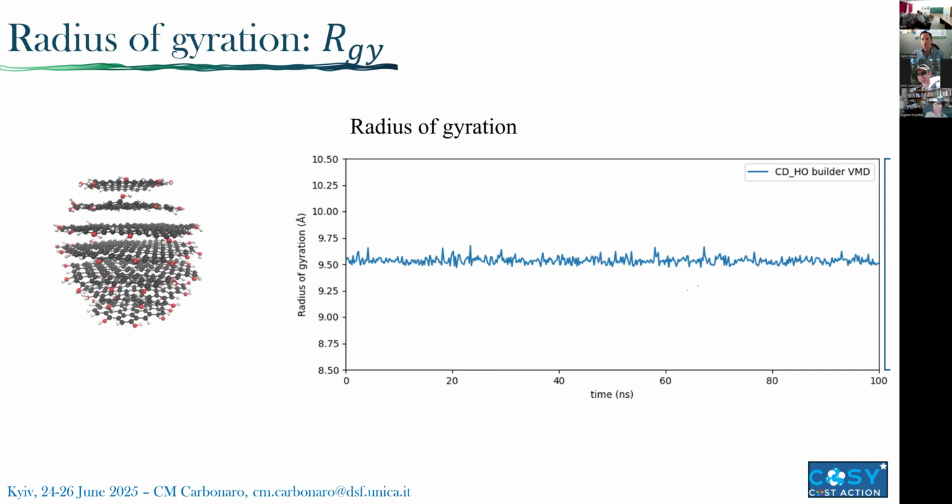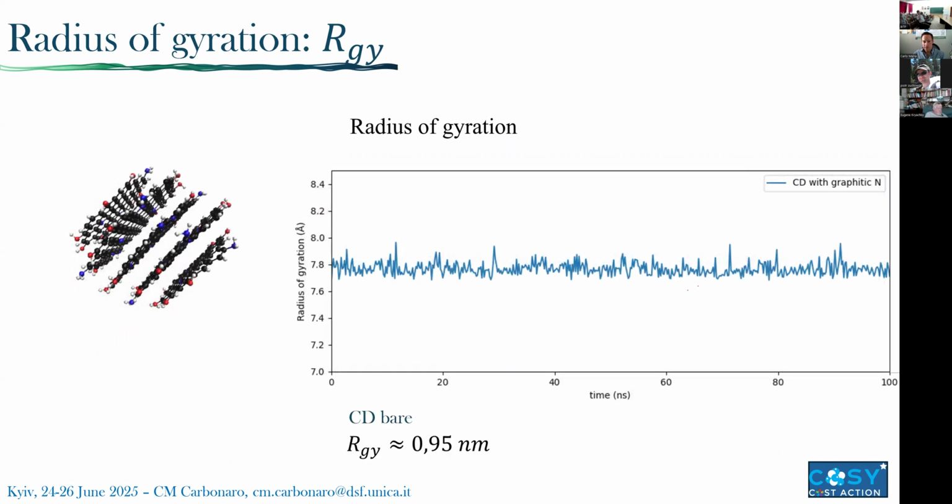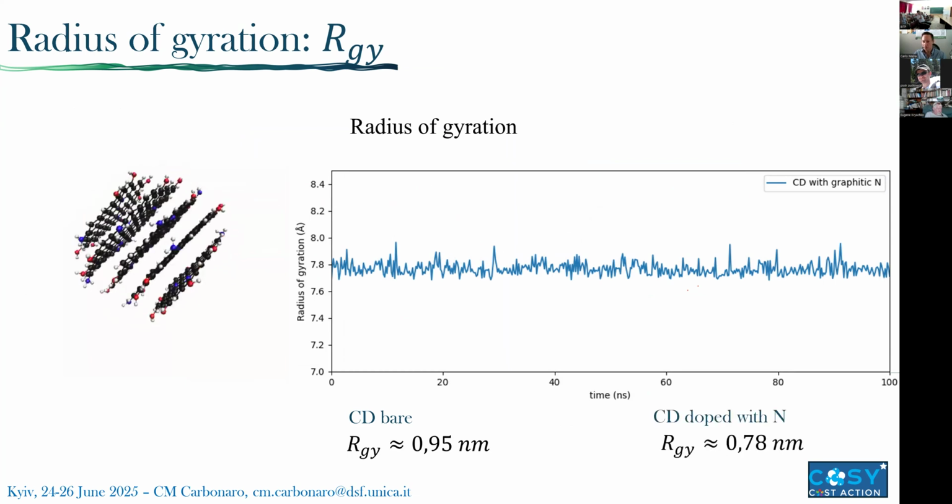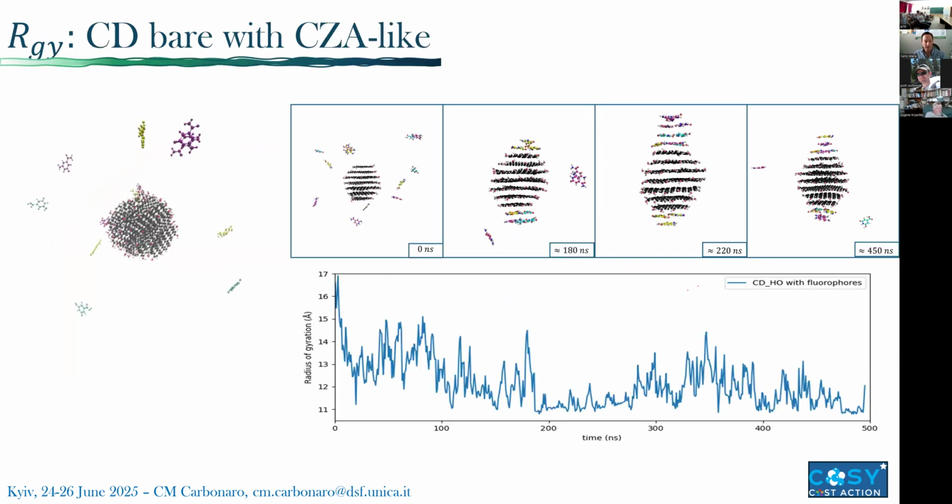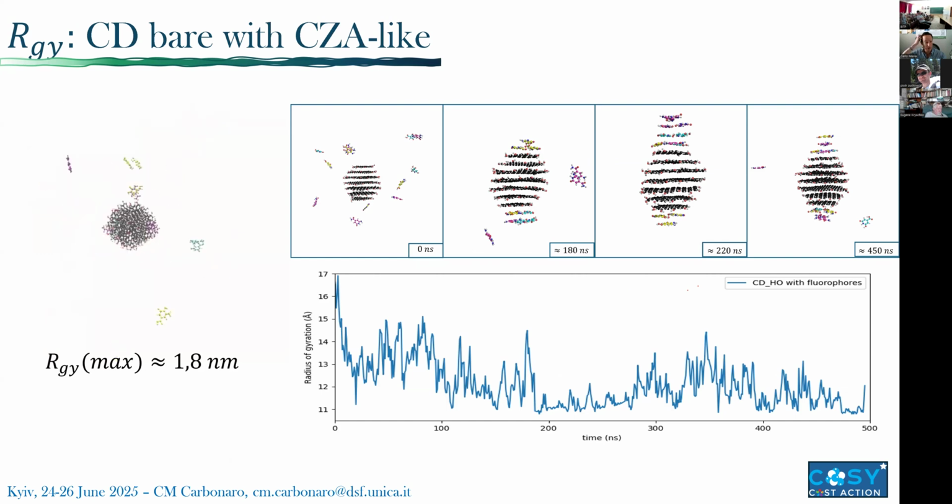If we look at the radius of gyration, which gives us an idea of the stability of the system during the evolution, we get the radius of gyration of the carbon dot pair without nitrogen and the one with nitrogen, which are quite similar. What about when we put some molecules inside? You see that in the case of the bare system, the radius of gyration increases quite a lot, and the molecules stay on the carbon dots for a very short period.